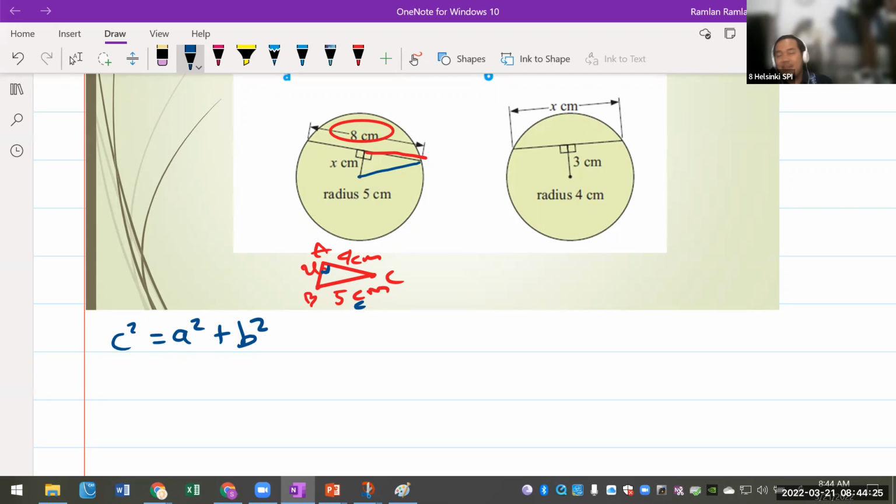Again, which of A and B is which doesn't matter, because we call them the legs, the two sides that make the 90-degree angle.